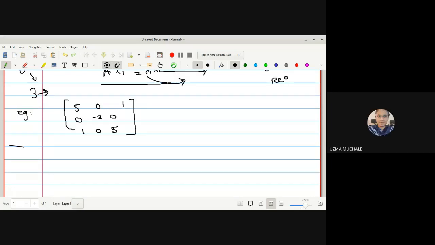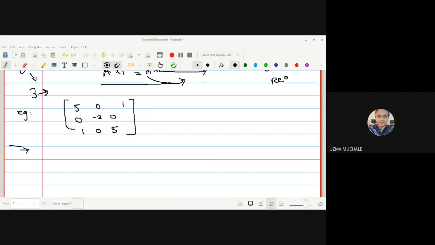So let us evaluate this matrix. Find the eigenvalue and tell me the answer. How to find the eigenvalue?